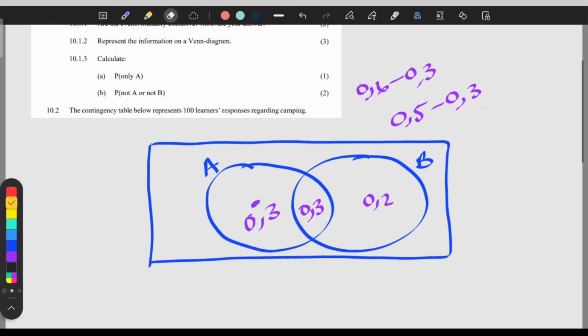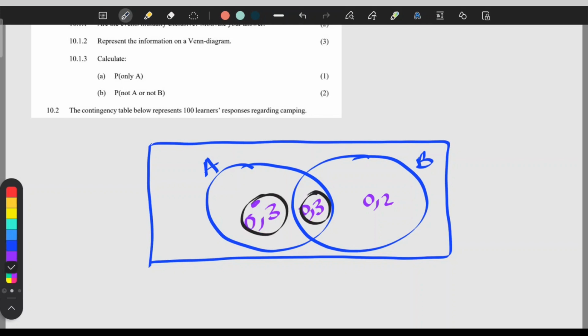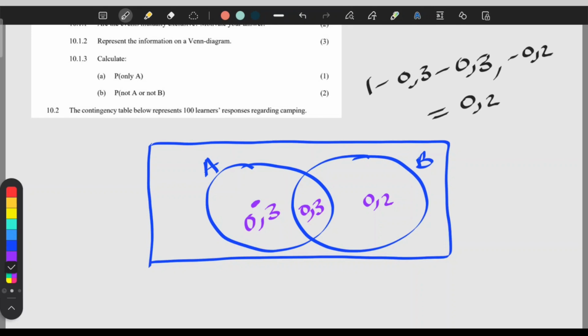Now for our last part, the outside part, we know that this plus this plus this plus the outside must give me 1. So I'm going to say 1 minus 0,3 minus the other 0,3 minus that 0,2, and that will give me the outside, which is 0,2. So here on the outside, I will write 0,2.